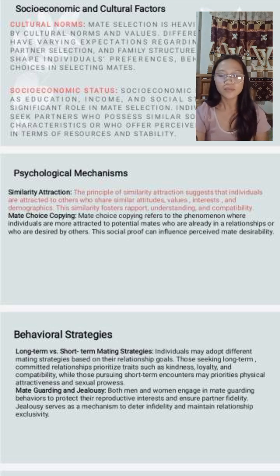I-copy niya ang mate choice sa iba, di ba? So diri sa mate choice copying, ang tao is more on mas attracted siya sa tao nga in a relationship na, di ba? Kabit, ganon.